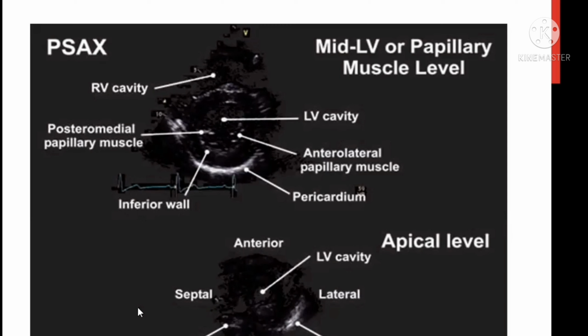So you look for all wall motion abnormalities in these areas. If you see here, that means anterior. If you see over here, this is lateral. And if you do this here, inferior. Sometimes when you go higher up, you see the posterior. And then the septum. Okay, septal. So this is the septal function.